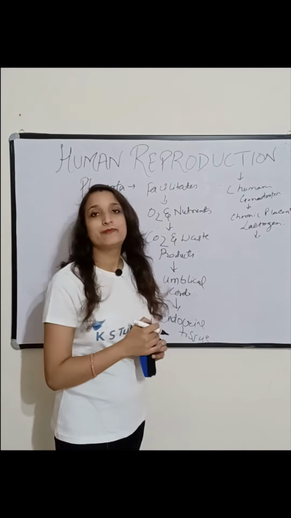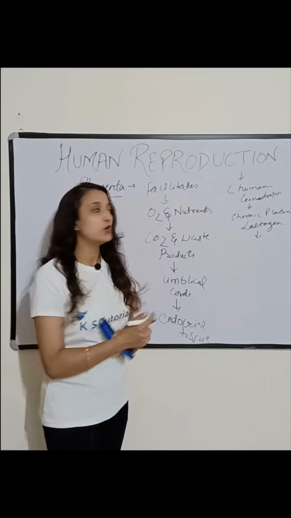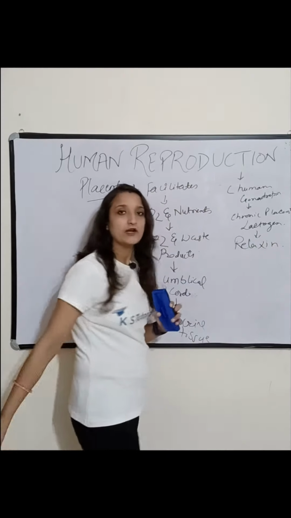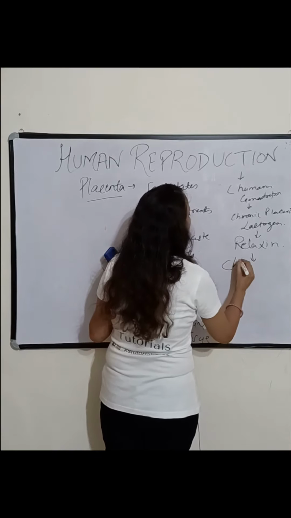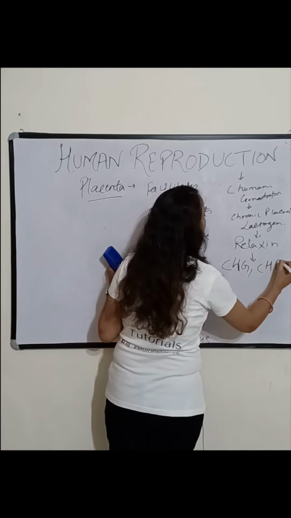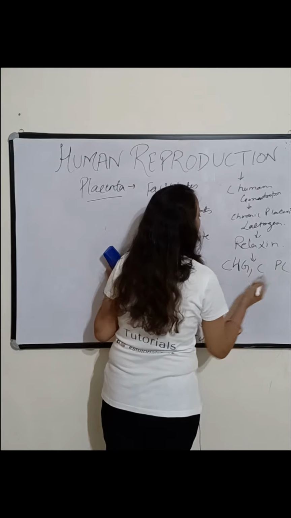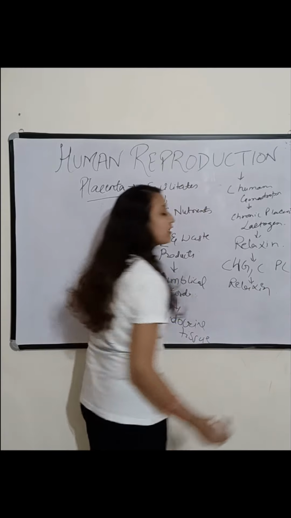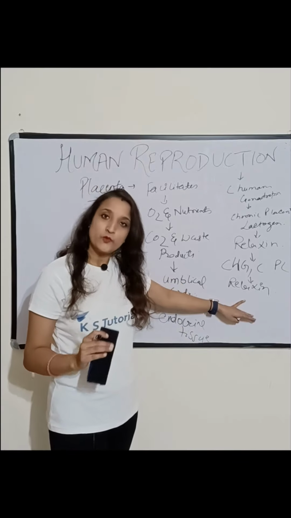In the later phase of pregnancy, one hormone is also secreted by the ovary, known as relaxin. Got it? Now these hormones, human chorionic gonadotropin, human placental lactogen and relaxin, are produced in a woman during pregnancy only.